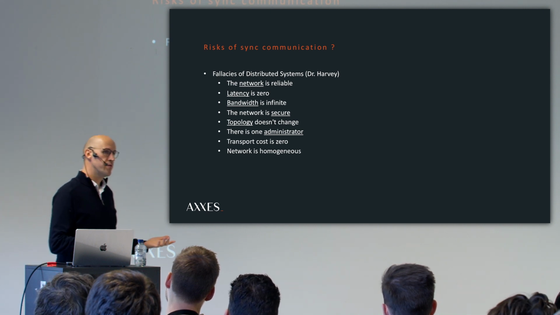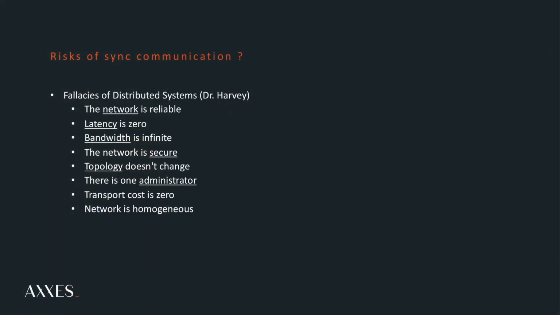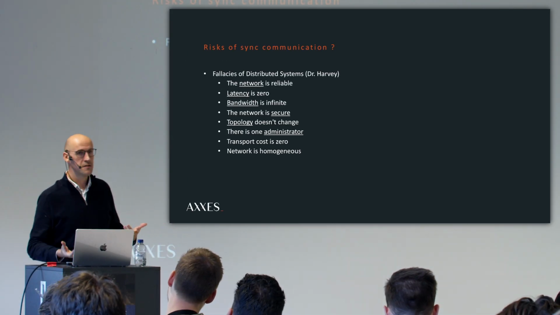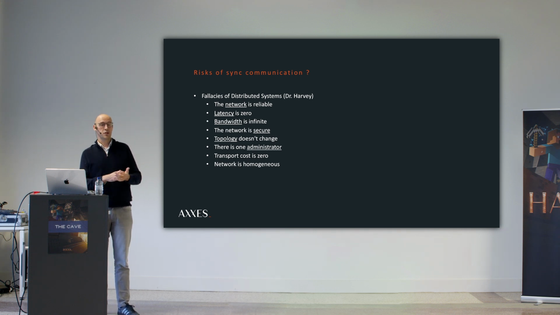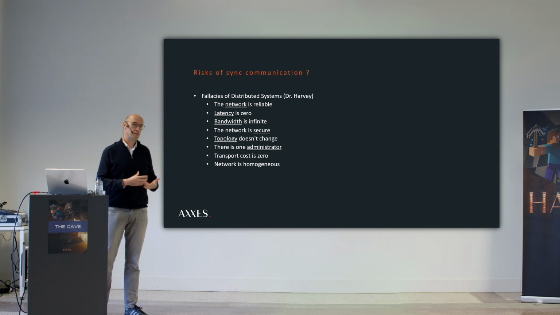The next one, coming up when you start to scale your application, is that the bandwidth is infinite. If you look at the amount of data that people are transmitting over the wire nowadays, it has been growing exponentially. Ten years back, transmitting 10 gigabytes of data over the wire was already a lot. But nowadays, we're not talking about gigabytes anymore. We're talking about terabytes, maybe petabytes or exabytes.